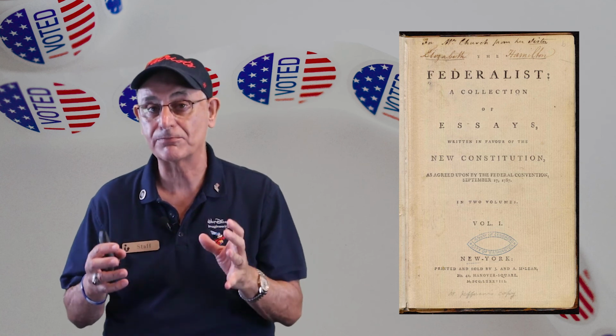In Federalist Paper number 68, Alexander Hamilton talks about the electoral process for the President of the United States, and after he's done explaining it, he then summarizes it this way: in this manner of election, confusion and tumult will be eliminated. Well, tell me, Mr.